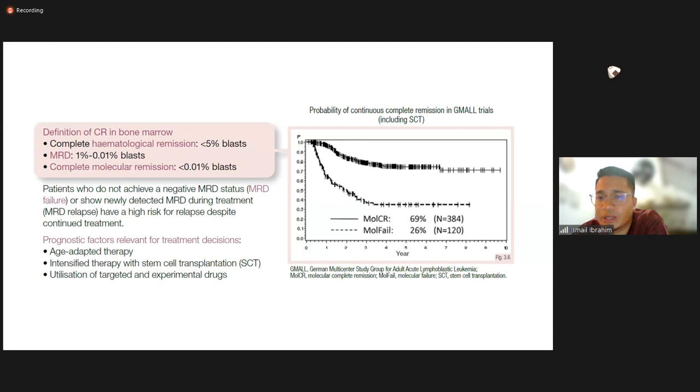Now, any question about ALL? So ALL treatment is chemotherapy. ALL treatment has evolved quite a bit, from a very aggressive intensive chemotherapy to a very prolonged and what we call rationalized chemotherapy, which is given in different phases.